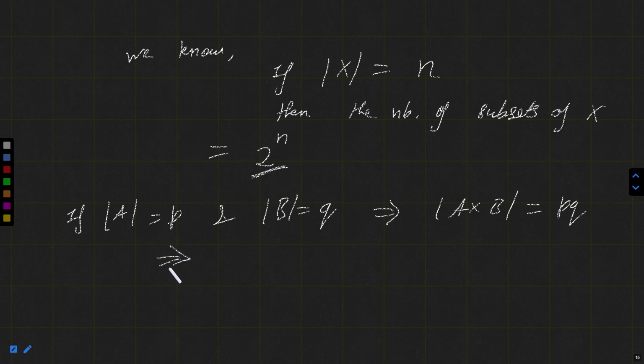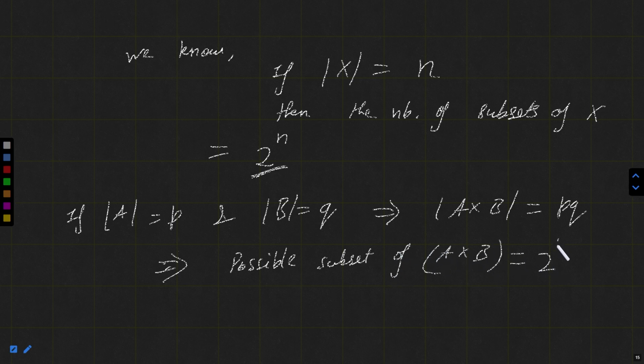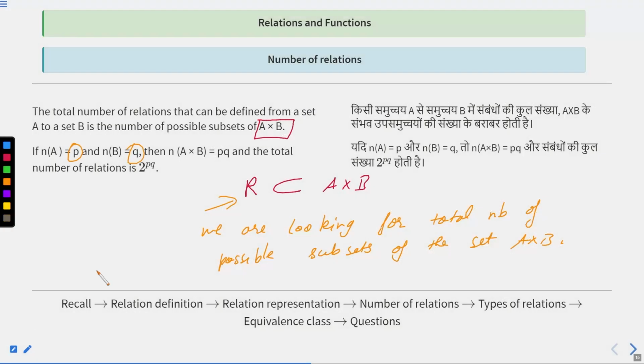This means the possible subsets of A cross B will be 2 power PQ. So this number is my total number of possible relations: 2 power PQ. I hope that you understood everything very clearly.